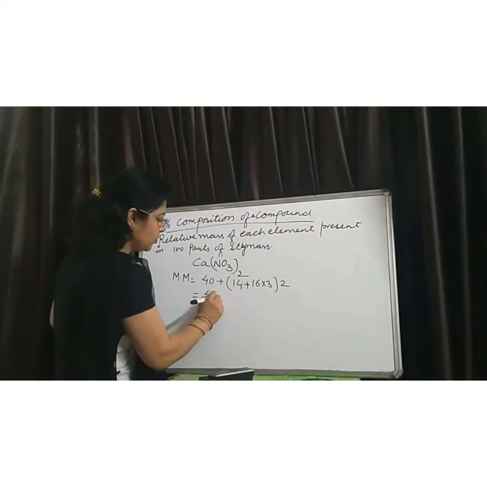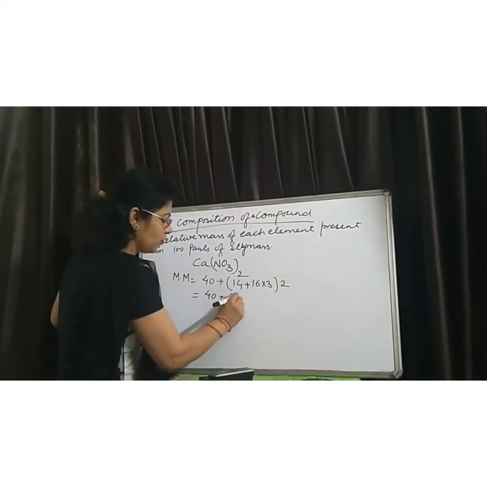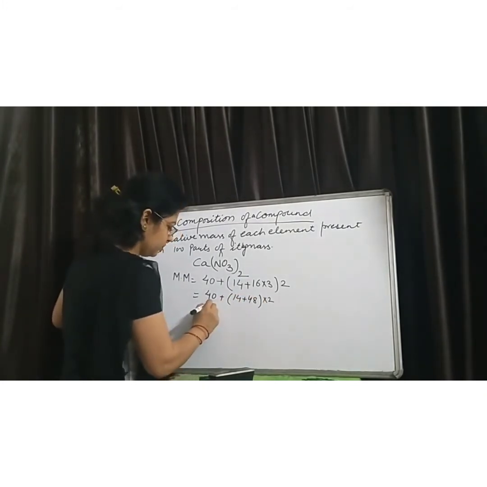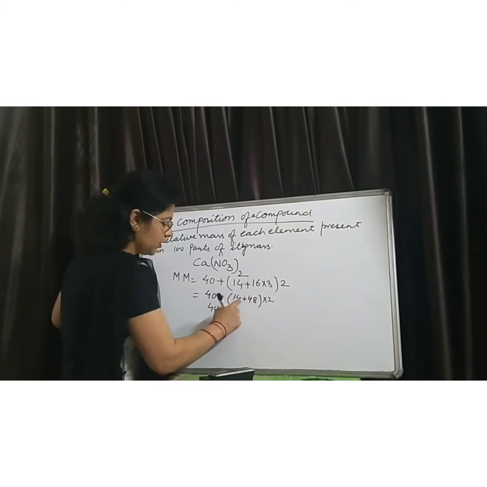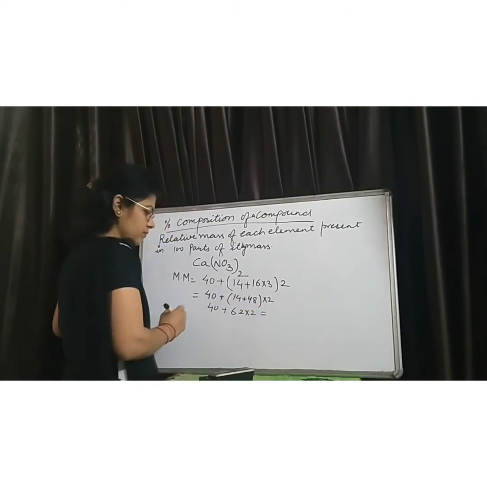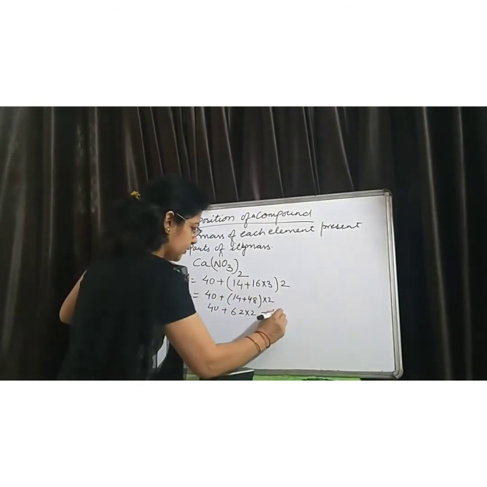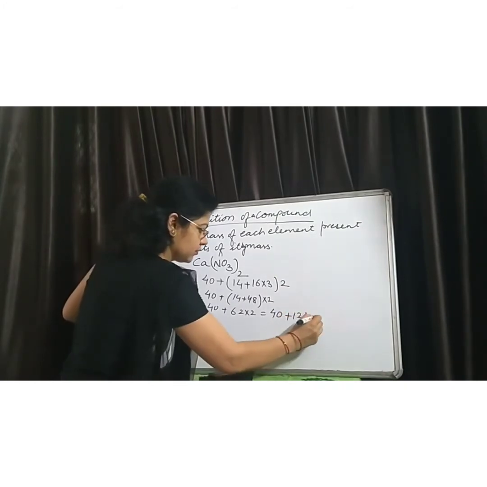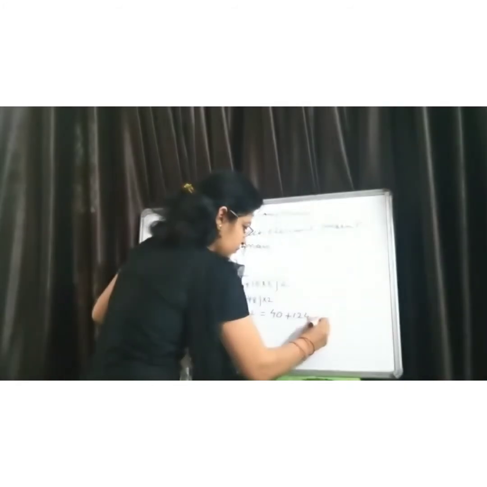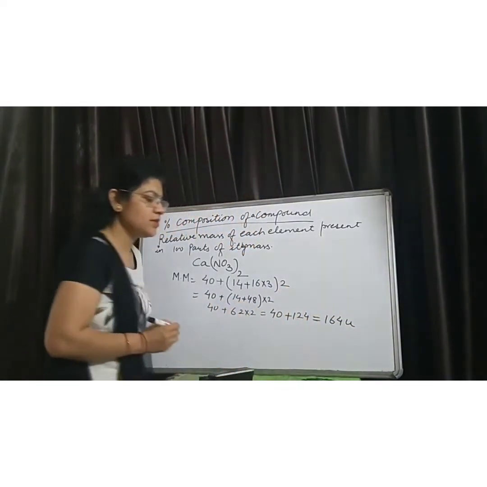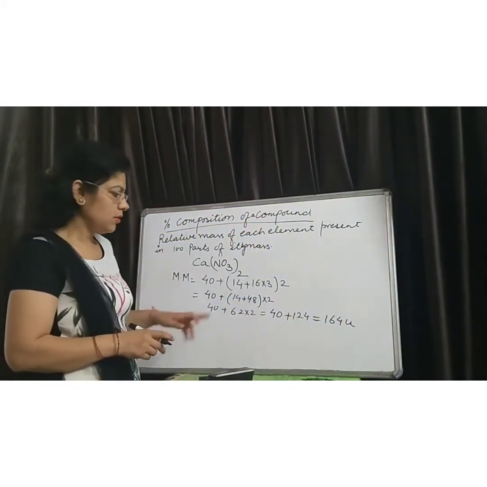So calculate 40 plus 14 plus 48, multiplied by 2. It comes out to be 62 into 2, which is 164 U or 164 grams.